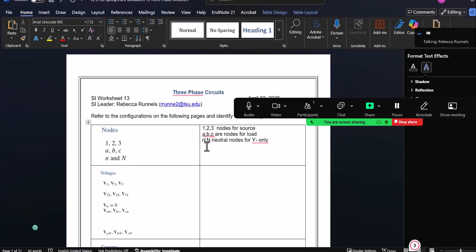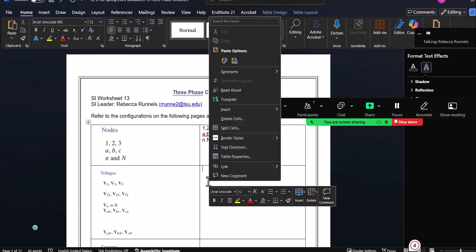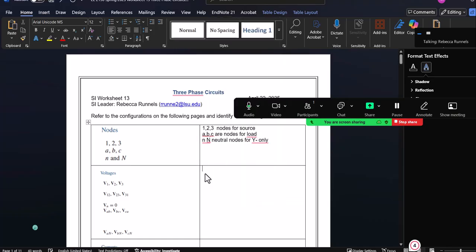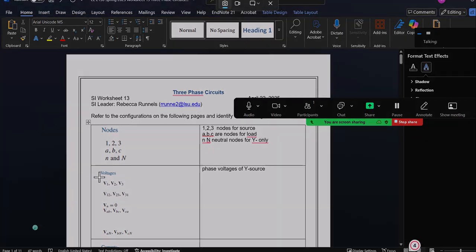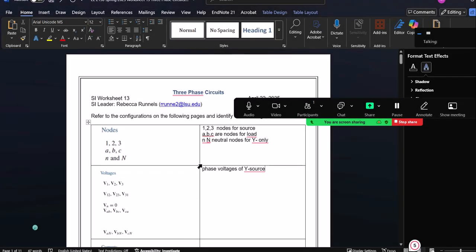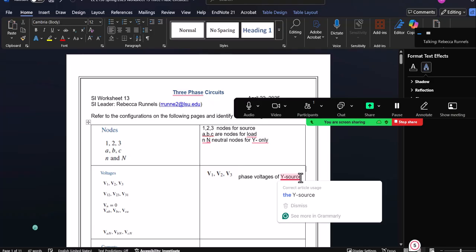All right, so now let's look at the different ways that you talk about voltages. If you have capital V1, capital V2, capital V3, these are the phase voltages of a Y source, with RMS magnitude.